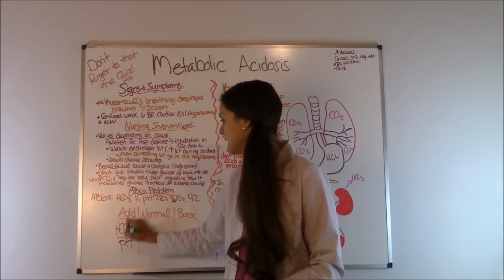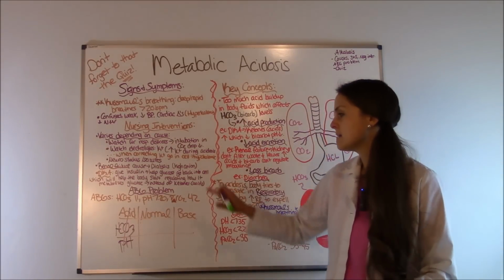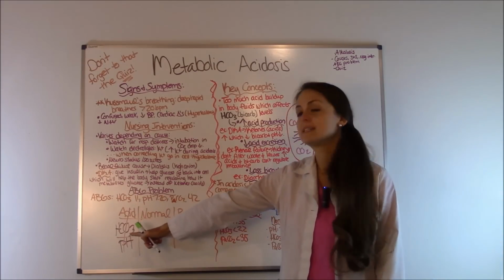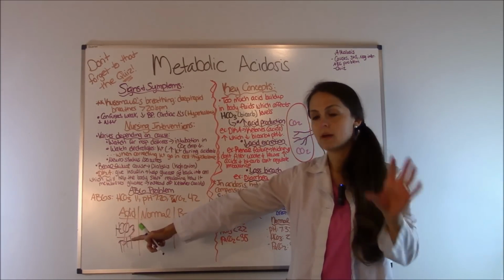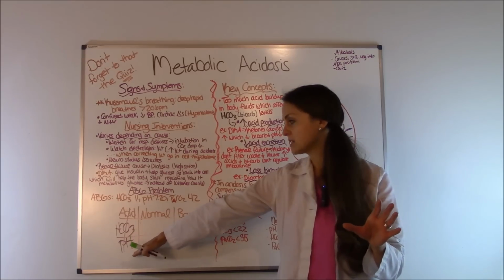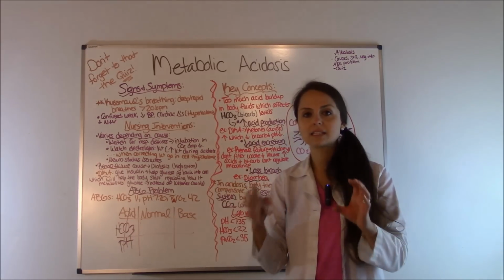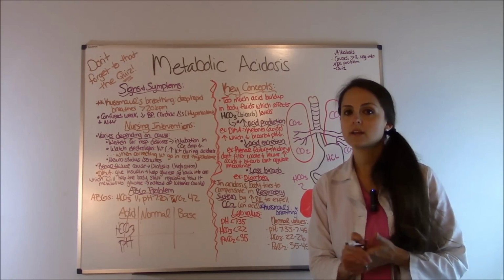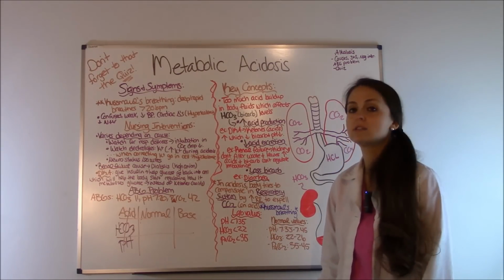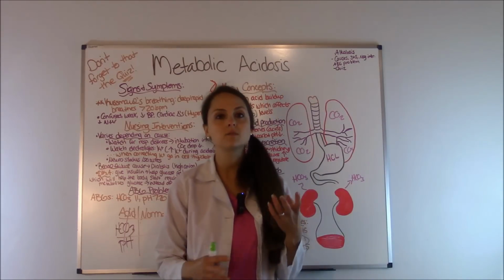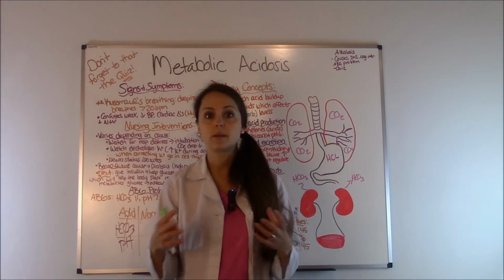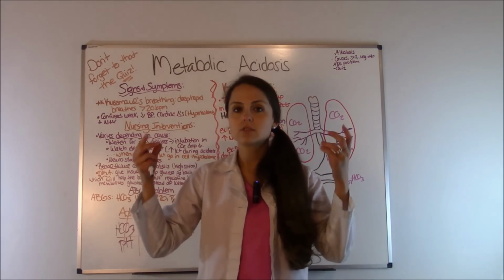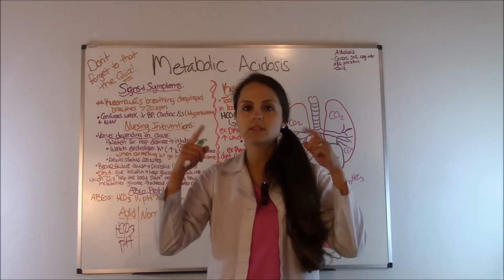And we have a TIC TAC TOE. And whenever you have a TIC TAC TOE, you look and see what's under it. We have metabolic because HCO3 represents metabolic, and our pH is acidic, so we have metabolic acidosis. Now, let's see if it's compensated or not compensated or fully compensated. To do that, remember what happens when you're in metabolic acidosis or metabolic problems. Your lungs start to try to compensate, and in this condition, it's going to try to start blowing off the CO2.